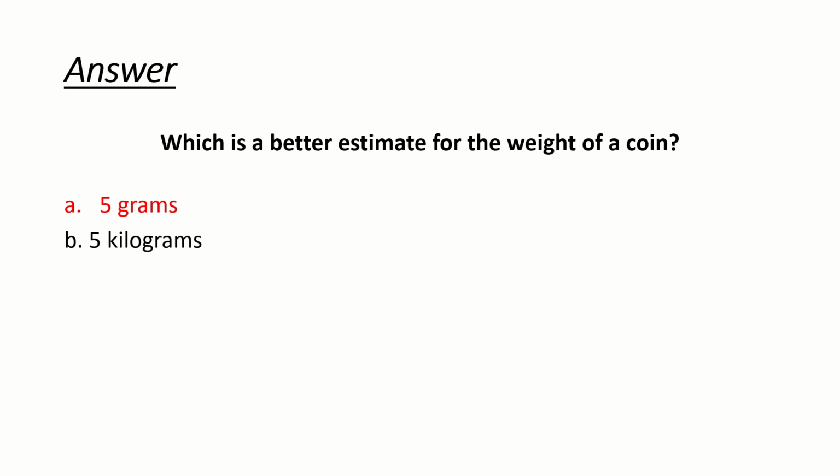From what we have discussed a while ago, 1 kilogram is one pineapple, and I think you were able to hold a coin already, and a coin is not as heavy as a pineapple. So when you try to approximate, you compare it to something that you know.